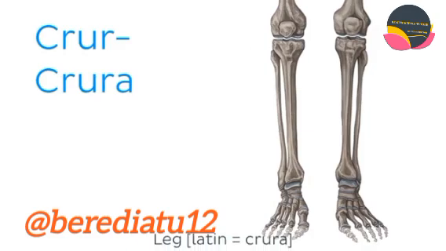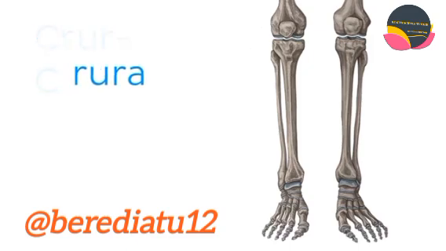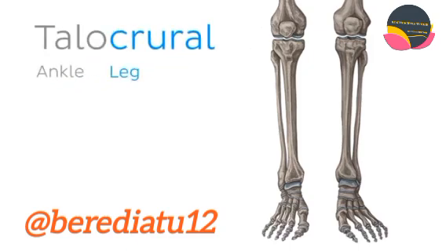It refers to something related to either the lower limb or sometimes specifically the anatomical leg, meaning the region between the knee and the ankle joints. For example, we have the talocrural joint, which is the anatomical name for the superior part of the ankle joint, formed by the bones of the leg and talus bone of the foot.